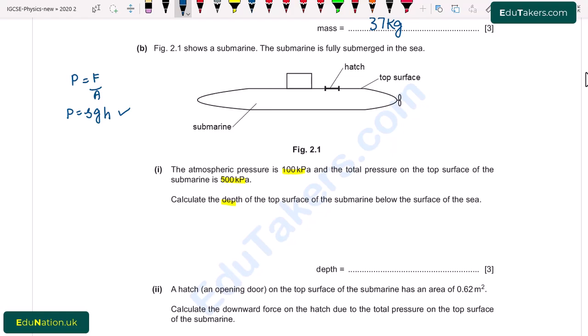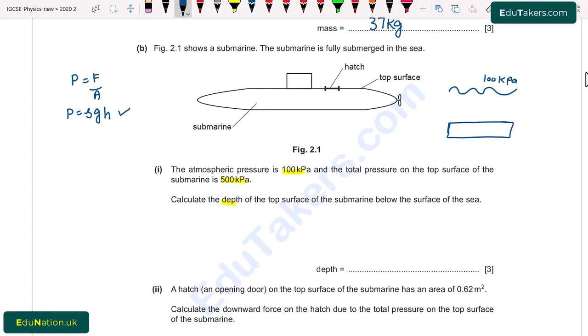First of all, if I consider that it is the surface of sea and it's the submarine. And you can see here that atmospheric pressure is 100 kilopascal, and the total pressure on the top surface of the submarine is 500 kilopascal.